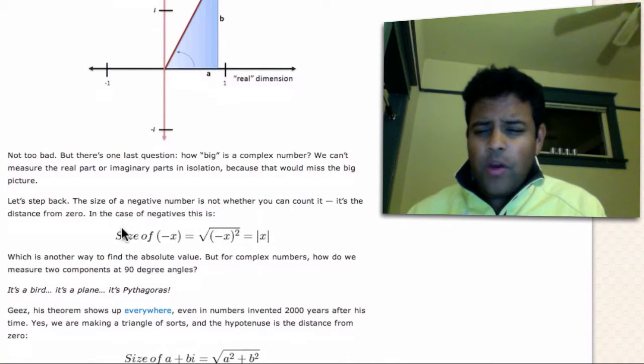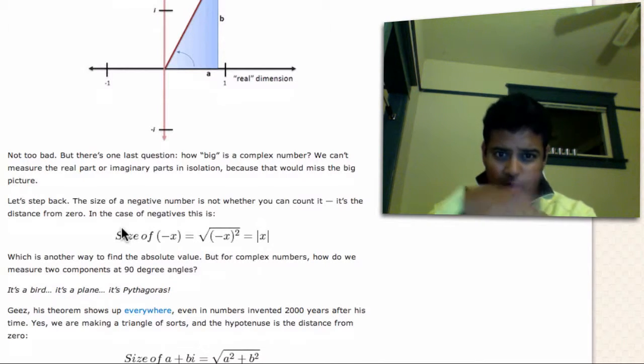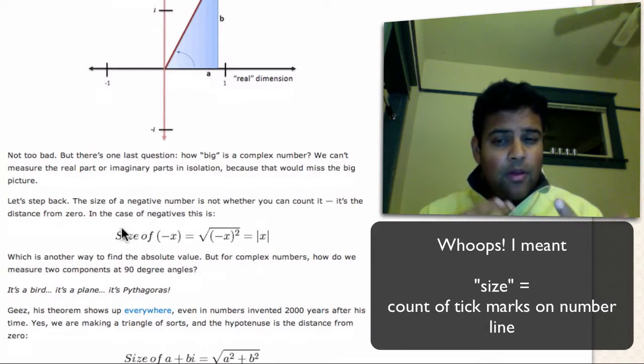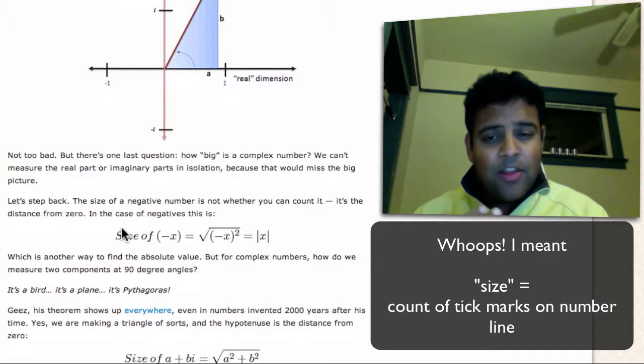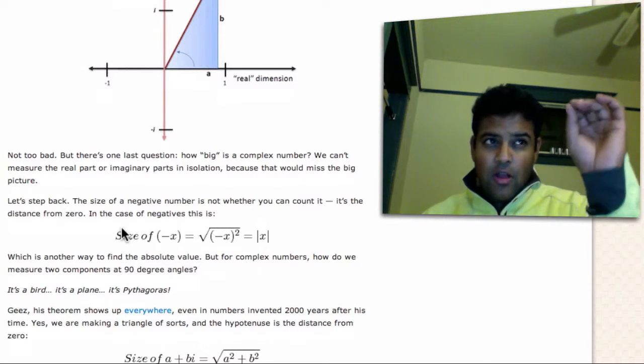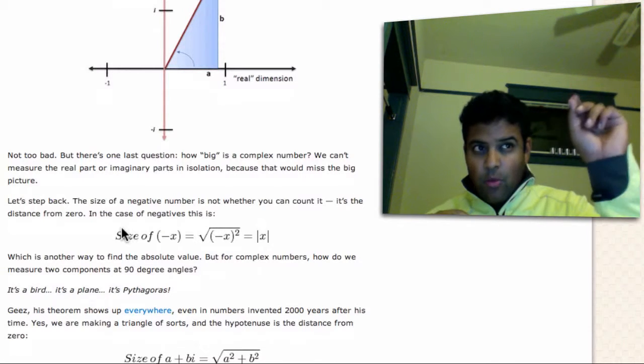Now, the neat thing is, what does it mean to have the size of a number? Normally, when we're talking about one dimension, the size is the count of it. But with complex numbers, there's not really an easy way to think about size, but the insight is that the size is really the distance from 0. So we ask, how far is our number from 0?